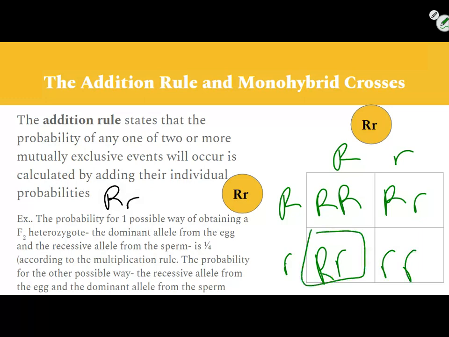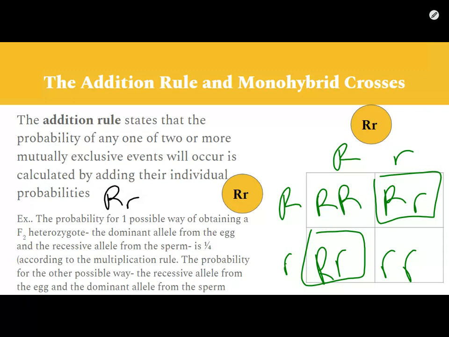Right, and we can see that it's 2 out of the 4 or 1/2, right? That's one way to do it. That's the way that we default know how to do it. But you could also do it using the addition rule.